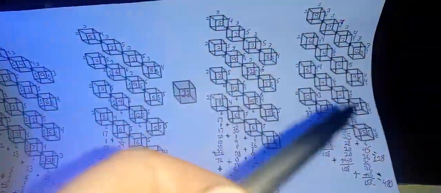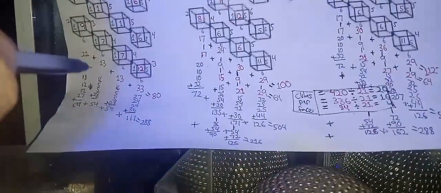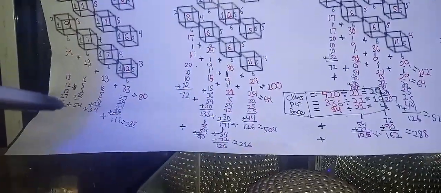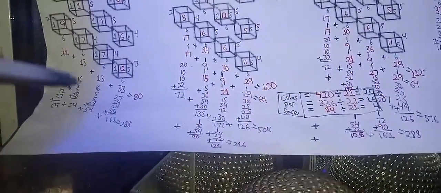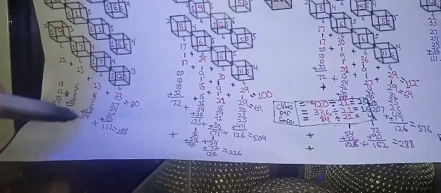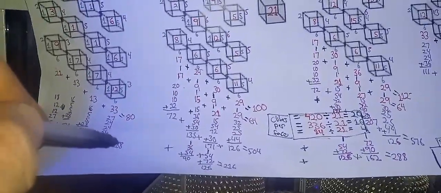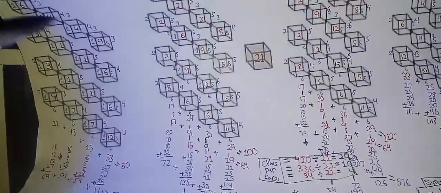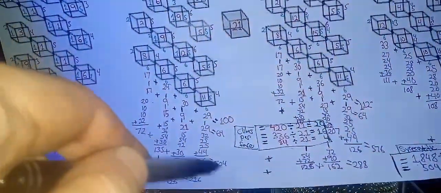And that goes for all these. You add them, and I do these in purple. Then you add up all these numbers in their columns and in their rows. That gives you 228 for this whole thing. This gives you 504, this gives you 576, and this gives you 480.